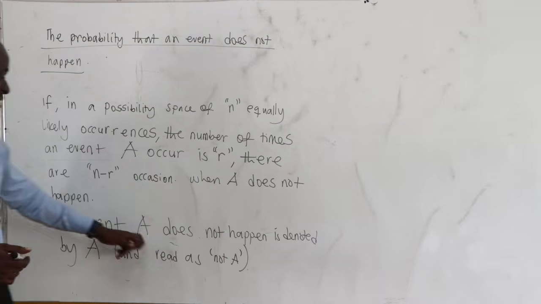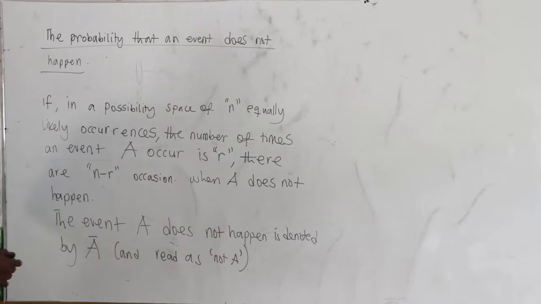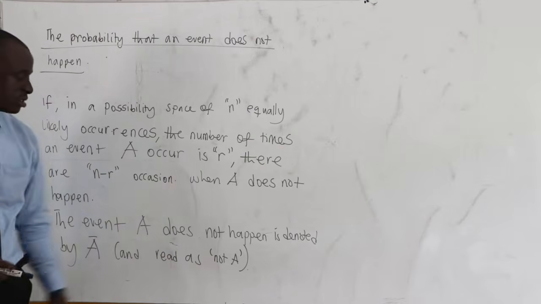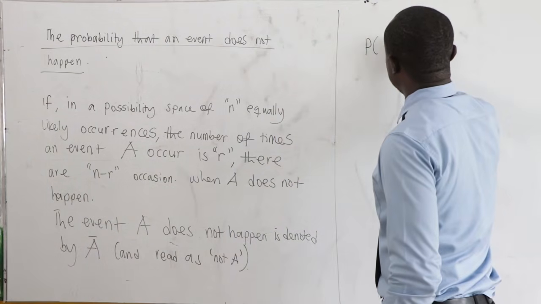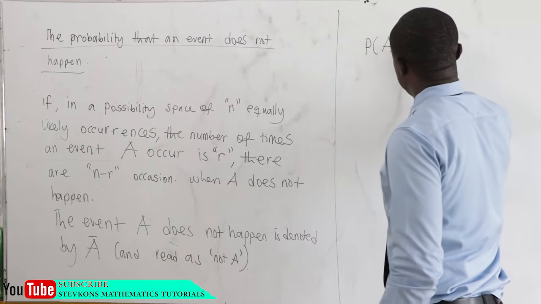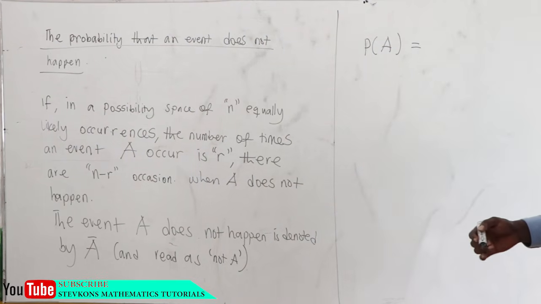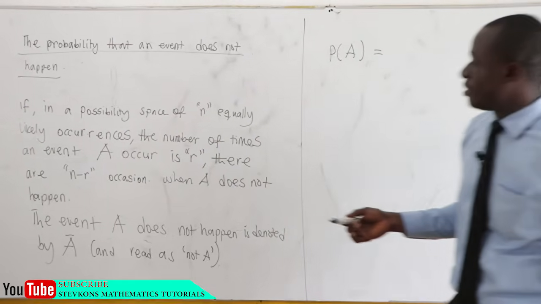Now, the event A does not happen is denoted by A with a dash on top, and it's read as not A. Hence, what do you think the probability that an event A would occur would be?